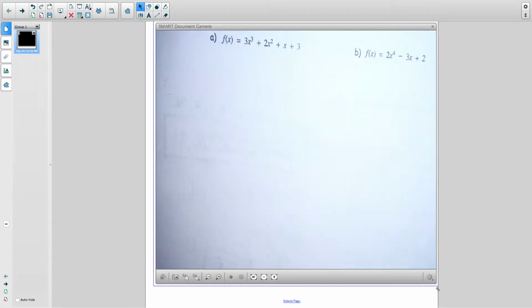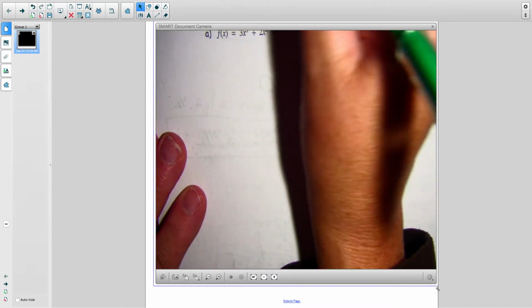Descartes' rule of signs tells us that the number of positive real zeros, so now we're going to be able to rule these down and figure out how many possible real positive numbers we have, how many possible real negative numbers. The number of positive real zeros is equal to the number of sign changes or less than that by an even integer.